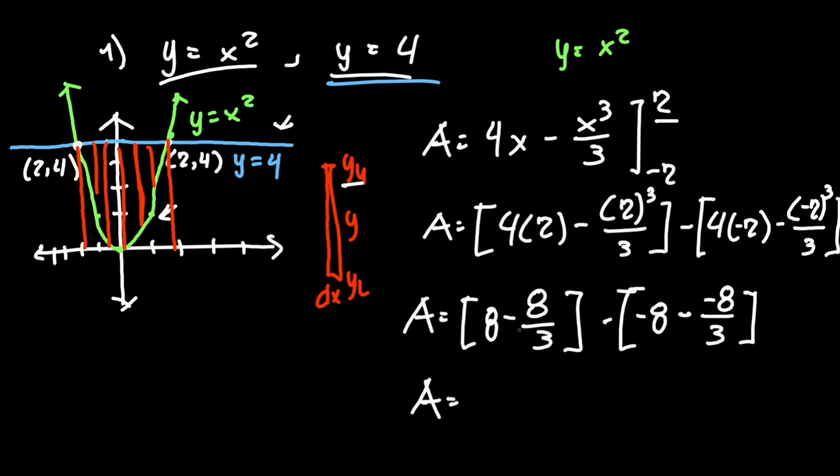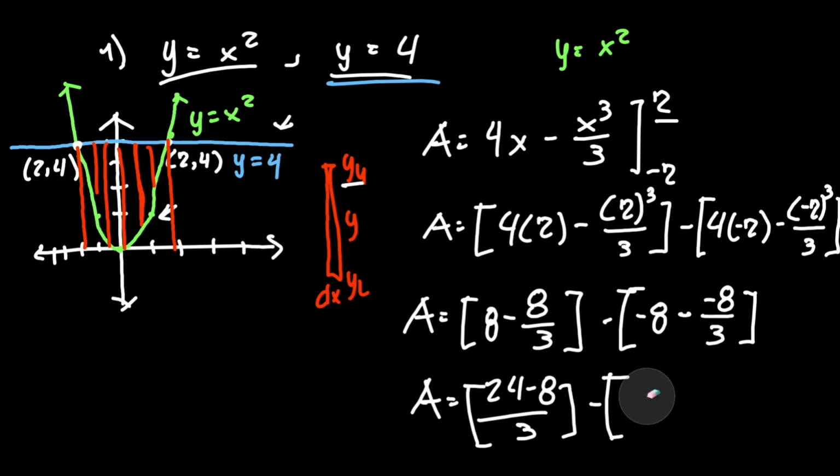And so, 8 minus 8 over 3, this would be 24 minus 8 over 3, minus negative 8 minus negative 8 over 3. This would be equal to 16 over 3.